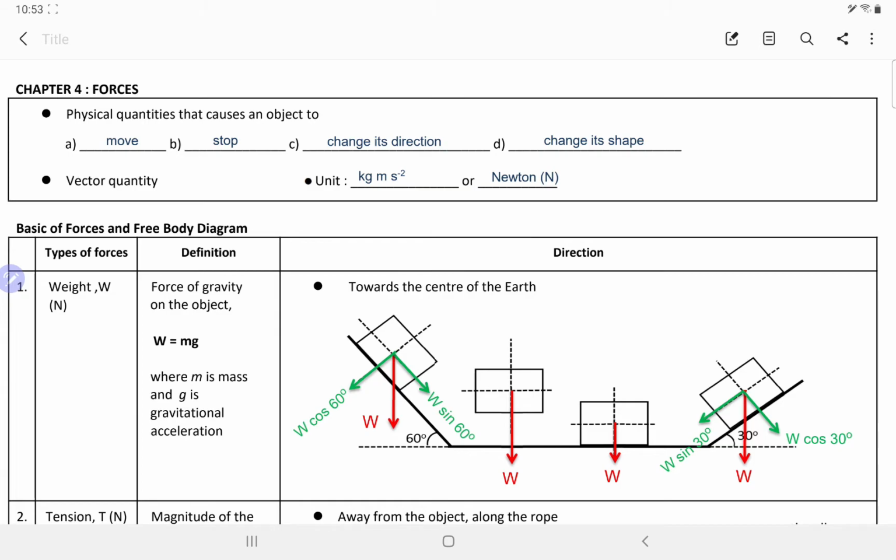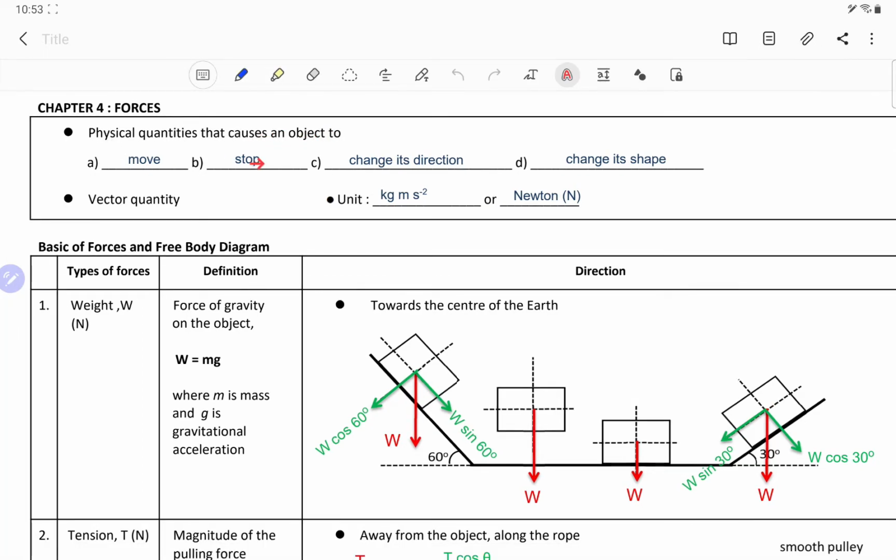So forces are physical quantities that cause an object to move, stop, change its direction and change its shape. Force adalah satu kuantiti, satu kekuatan yang boleh menyebabkan suatu objek bergerak, berhenti, ubah arah dan ubah bentuk. Force is a vector quantity.